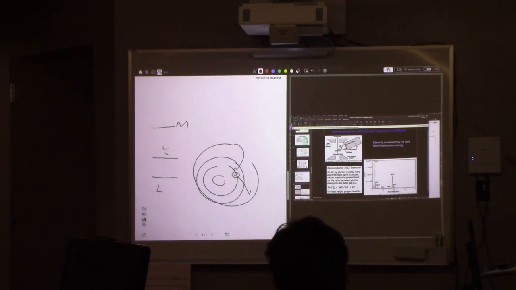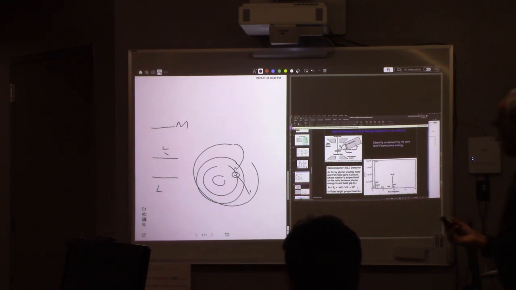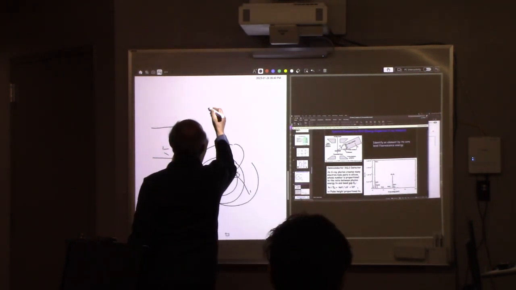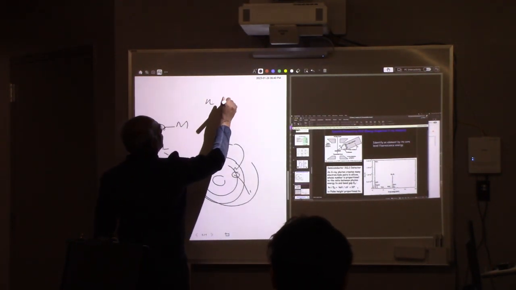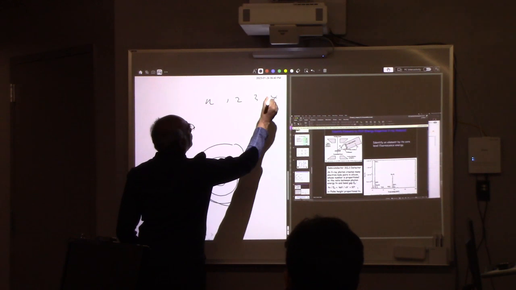In quantum mechanics, we have K, L, and each one has s, p, d, f. These are principal quantum numbers, right? n equals 1, 2, 3. Then you have the secondary one, s, p, that's the angular momentum. Your first quantum number n can go 1, 2, 3, 4, like that, right?